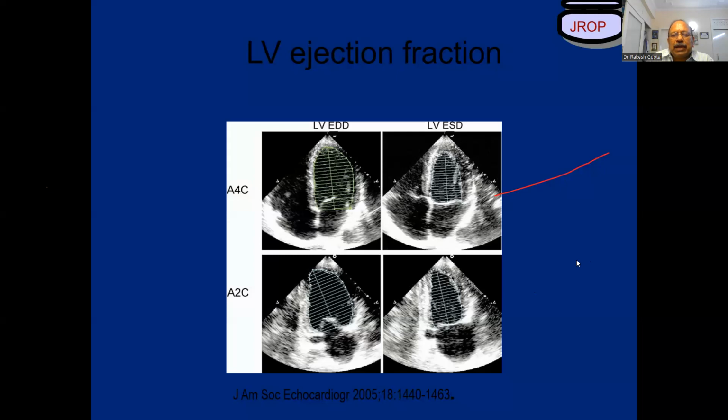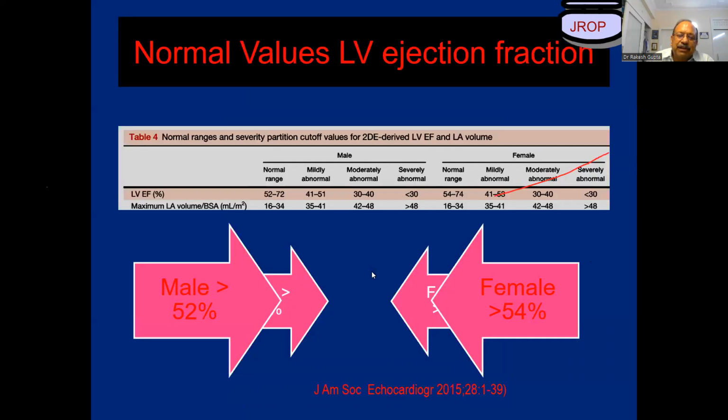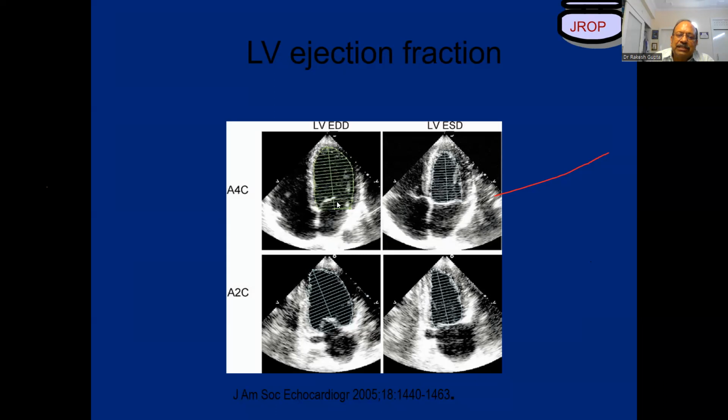So this is how we utilize biplane ejection fraction. 4-chamber view, end diastole, end systole, 2-chamber view, end diastole, end systole. And this ejection fraction is called modified Simpson's. Why do you say modified Simpson's biplane view?